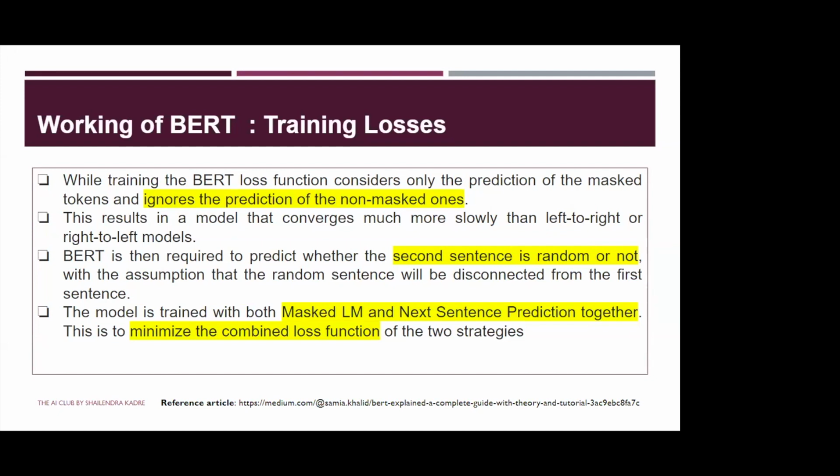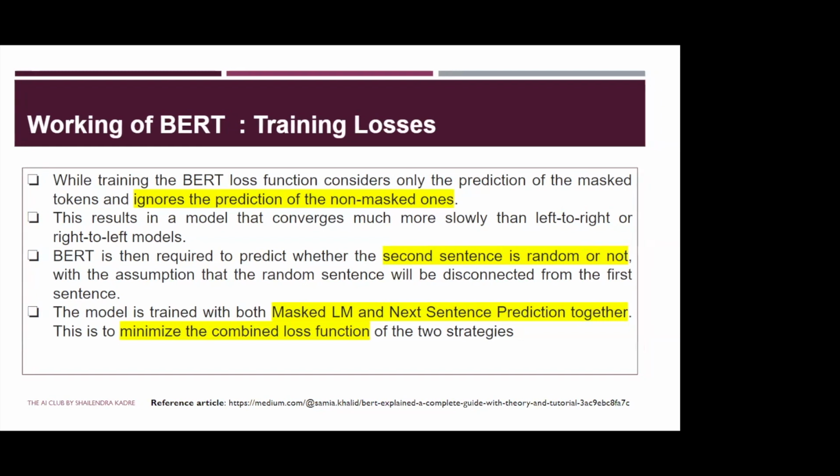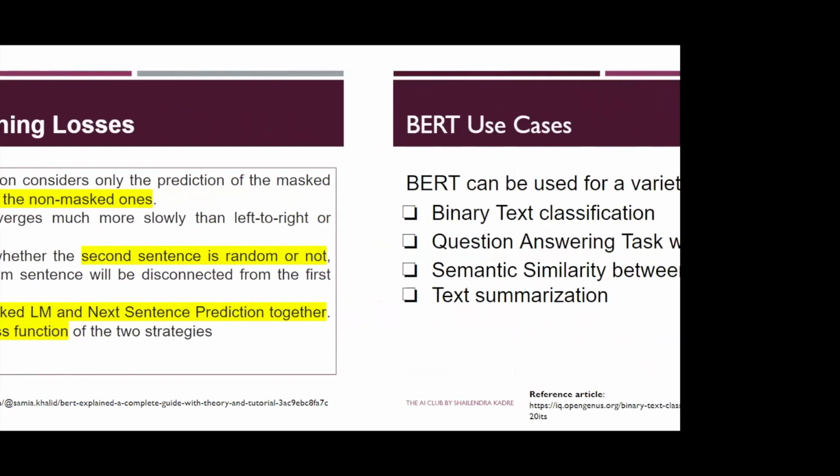So this is how training loss is computed for BERT, because right now we have seen there are two processes, next sentence prediction and masked LM. For those two processes, the training is done simultaneously, and the loss is computed for both of them. So that was the general training process of BERT.